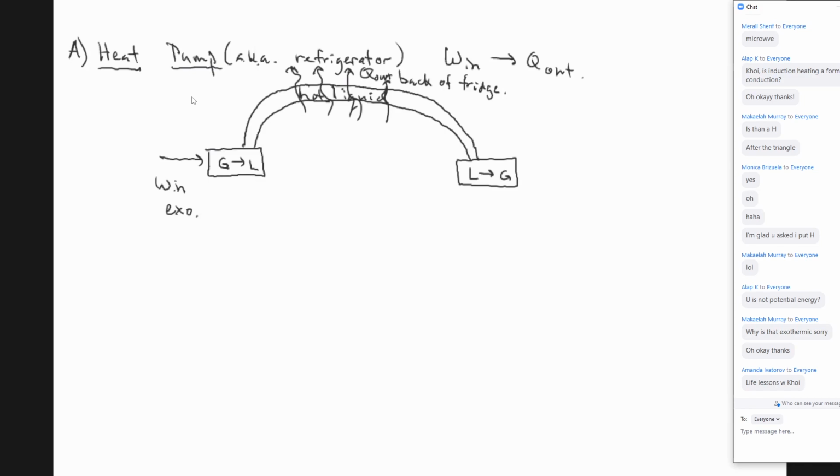So here we're compressing. It's compression. Over here we have expansion. So we're taking that hot liquid and allowing it to expand to a gas. And then this goes into the refrigerator.